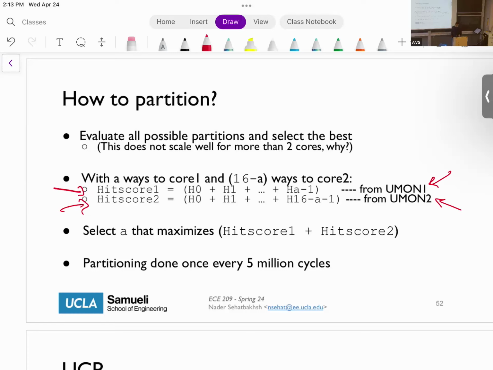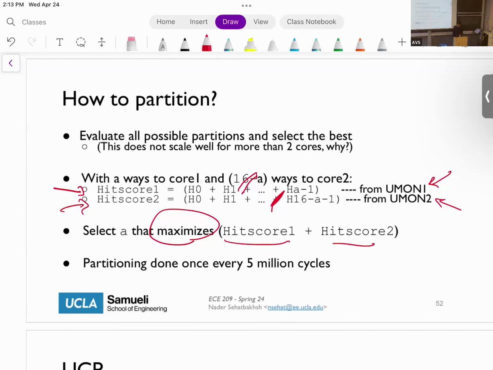Essentially, the way I need to divide is where these 2 numbers should be divided, right? And what we want is to maximize hit score 1 plus hit score 2, right?